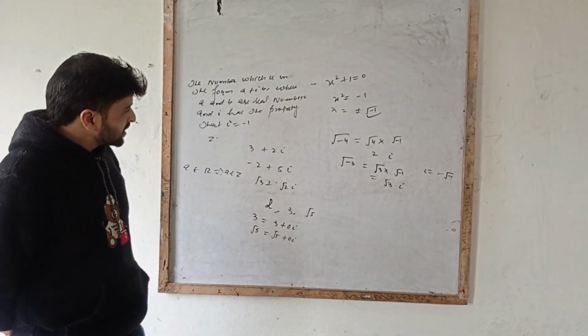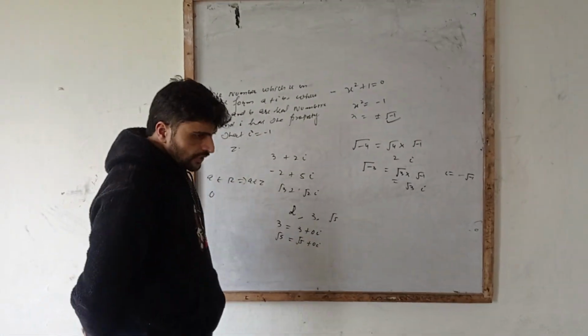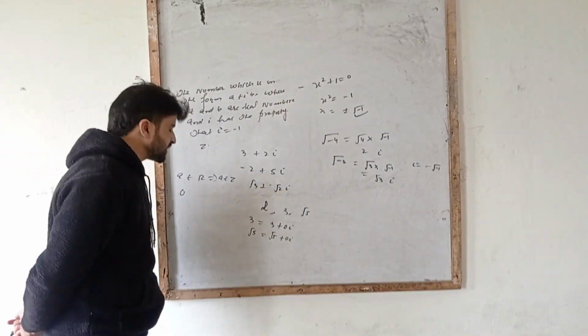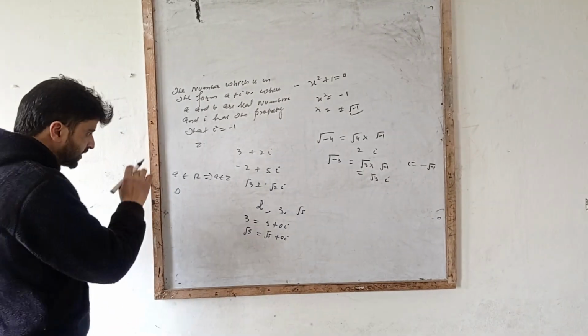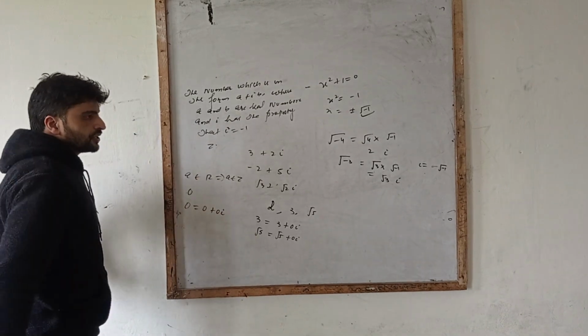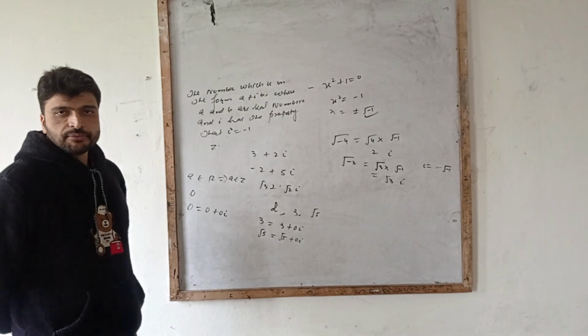Students, I may ask you a question. Is 0 a complex number? What would be your answer? We can say that yes, 0 is also a complex number. How? Because we can write 0 equals 0 plus 0i. So this is also a complex number.